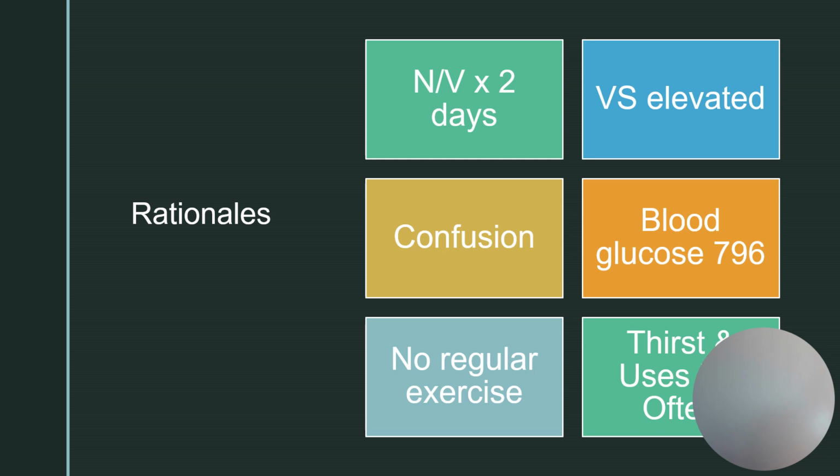And we pair that with the elevated blood glucose. I'm going to say that is probably what is causing that issue. We know that hyperglycemia increases the osmolality of the blood, which increases the thirst.